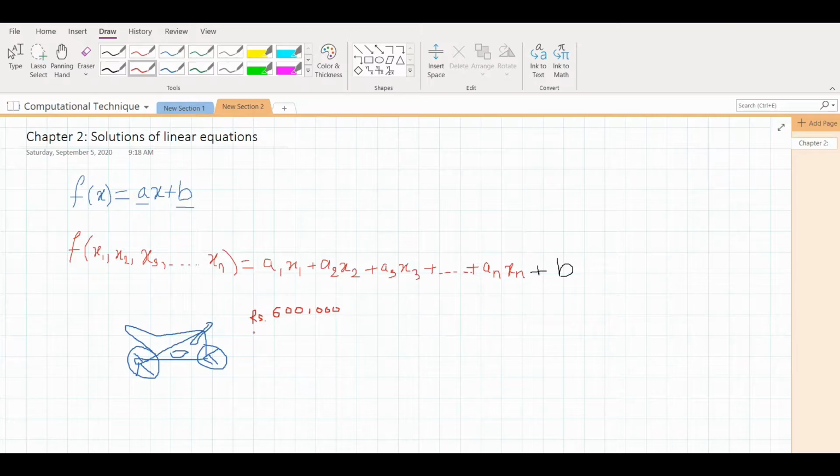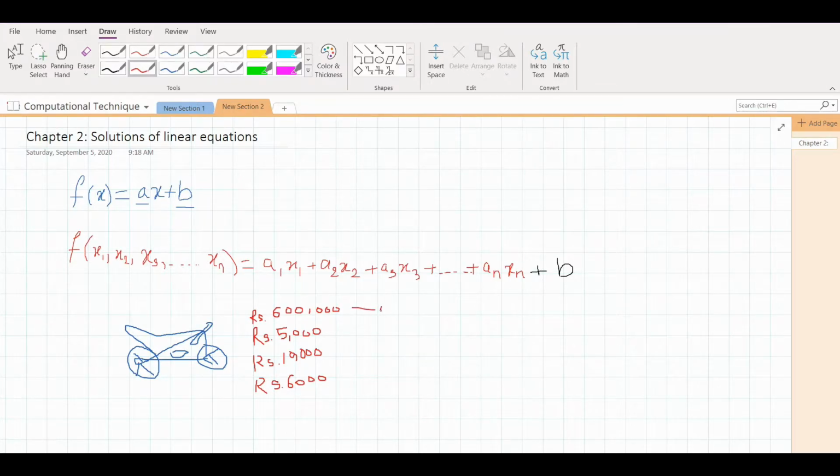For the insurance, per month you pay, suppose say Rs 5,000, and per month in fuel you pay Rs 10,000, and every 6 months or so you pay Rs 6,000.